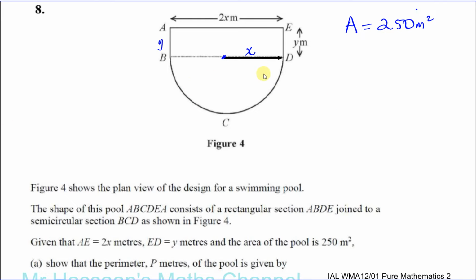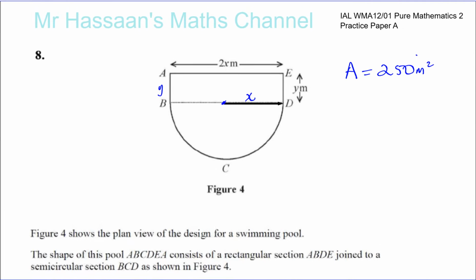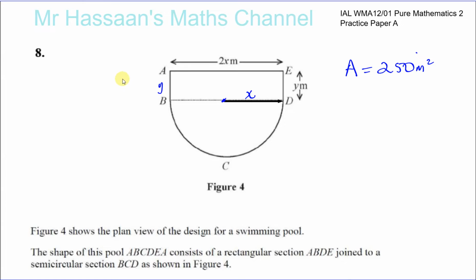So first of all, these types of questions will be very, very similar in their setup. They normally give you two bits of information about the same problem. In this case, it's about the area and the perimeter. Sometimes it's about the volume and the area.